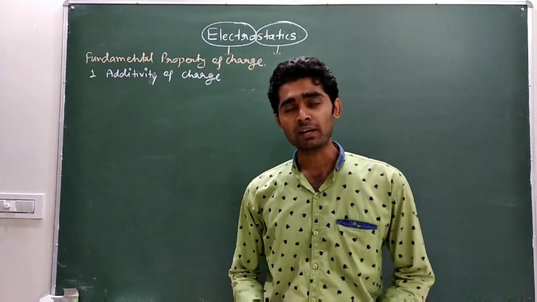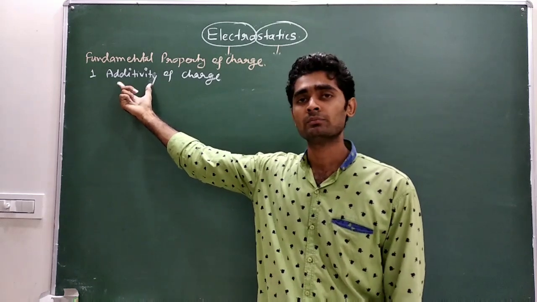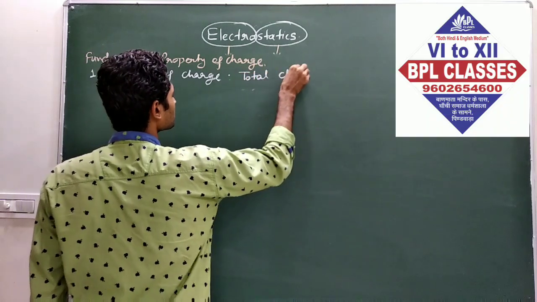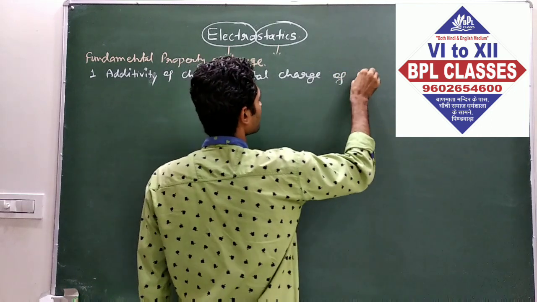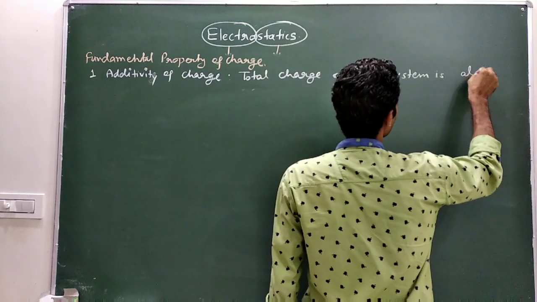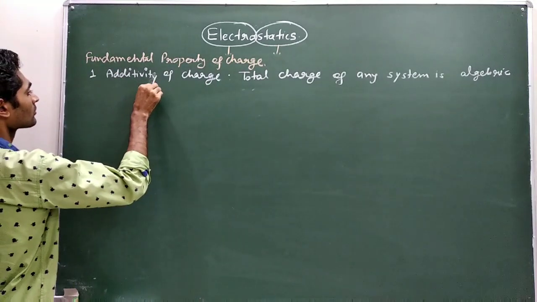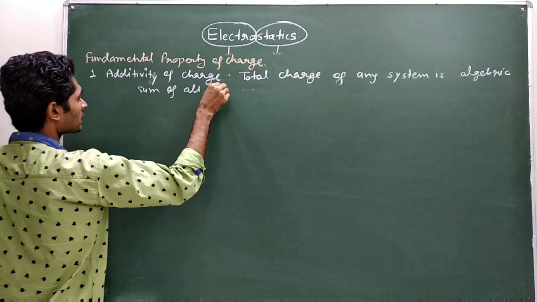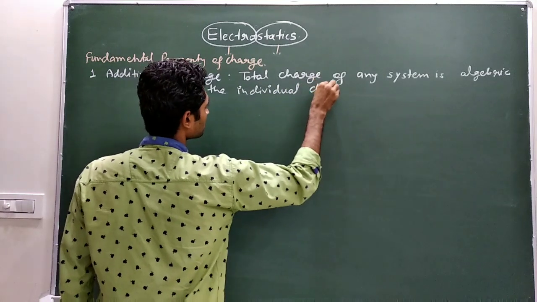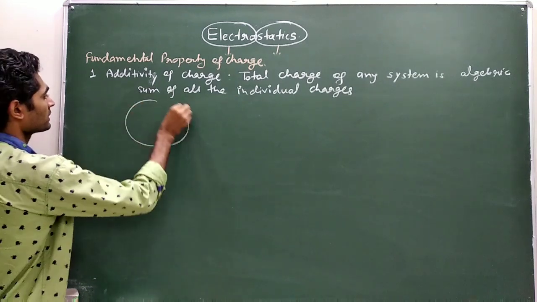That means if we want to calculate total charge of any system, then we have to add them. So total charge of any system is algebraic sum of all the individual charges for this system.